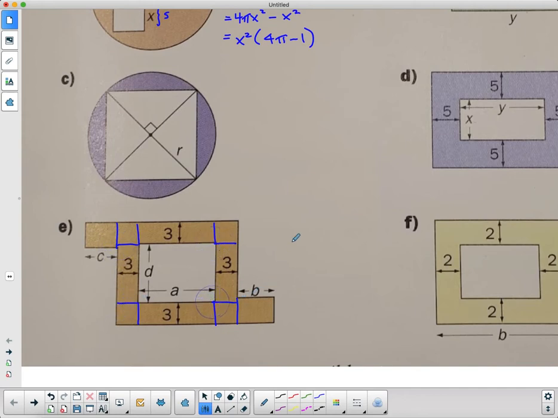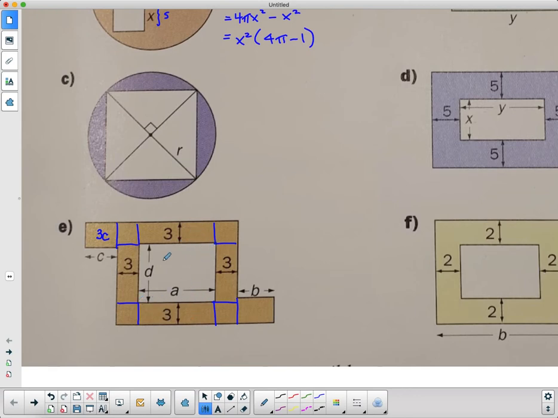Now what we're going to do is find the area of each little individual piece in this whole thing. So let's start over here. Now this doesn't look like it perfectly lines up there, but we're going to have to assume that it does, or we won't be able to do it. So this is going to be 3 wide and c long. So that's 3 times c. Now here is 3 wide by a long. See how it's got the a there?